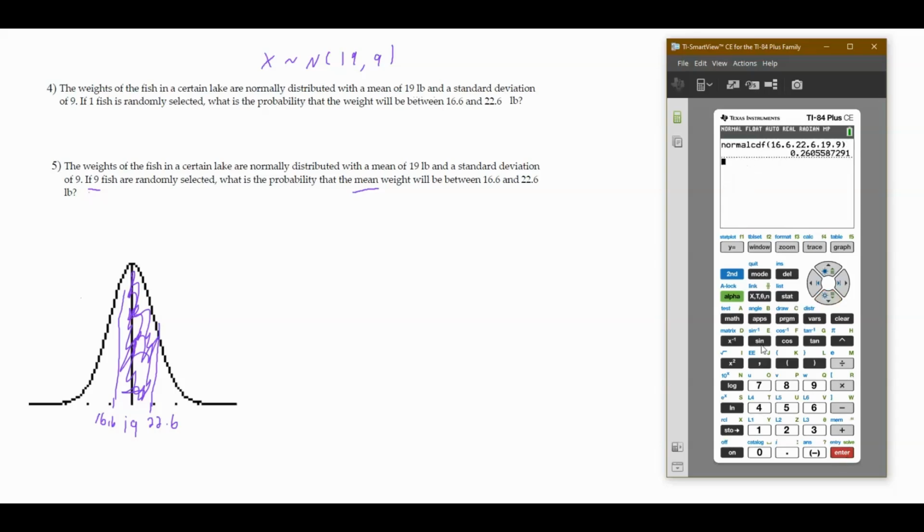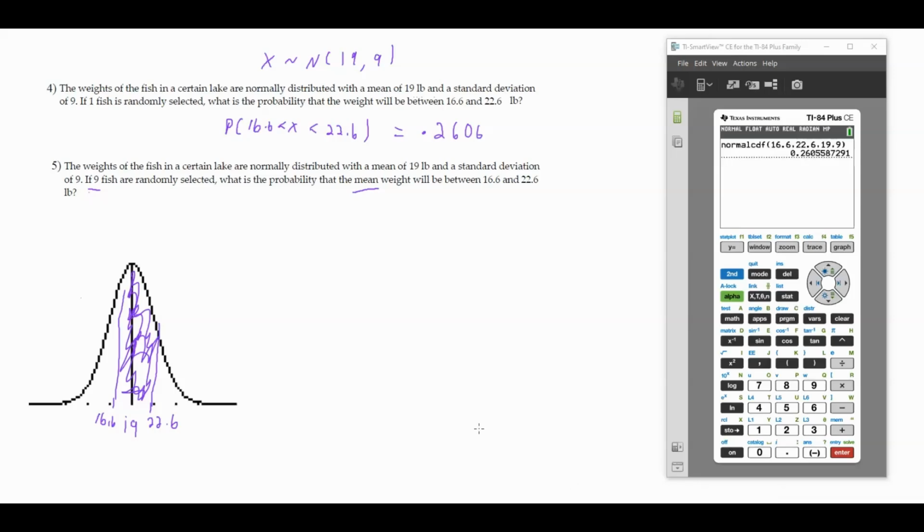And then paste it. So I get 0.2606. So the probability that X is between 16.6 and 22.6 is 0.2606.